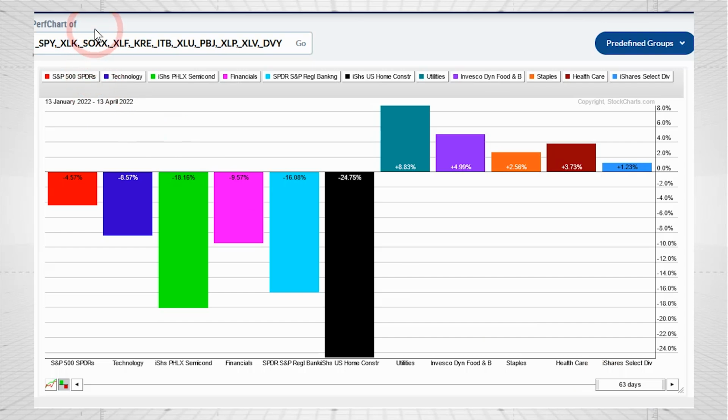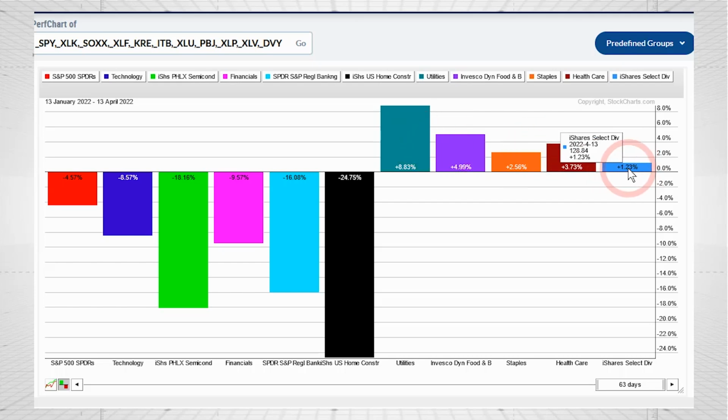So this performance chart shows some offensive groups on the left. First, we have SPY, then technology, semiconductors, financials, regional banks, and home construction. This is a 3-month performance chart, and you can see all of these offensive groups are actually down. Then we can see the defensive groups: utilities, food and beverage, staples, healthcare, and dividends. These 3, 4, 5 are up.